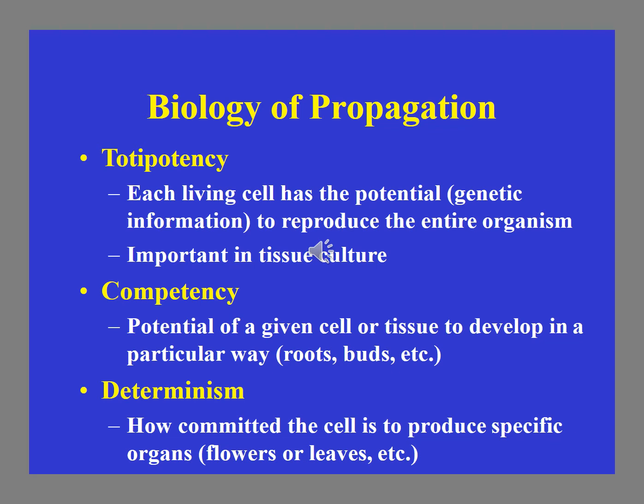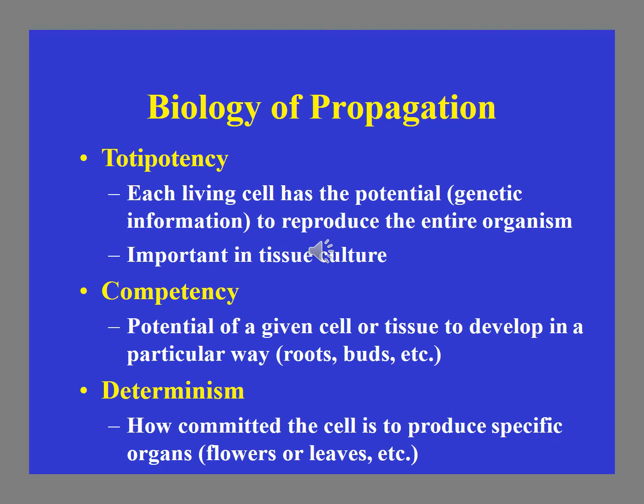And it has more to do with how easy it is or how hard it is to get a certain piece of tissue to develop new types of tissue on it. Determinism is how committed the cell is to produce specific organs. It usually has something to do with a temporal factor, meaning if it's starting to leave the meristem tissue stage, where a meristem cell, just like a stem cell in animals, still hasn't differentiated, hasn't gotten a certain role yet, and it can become anything.